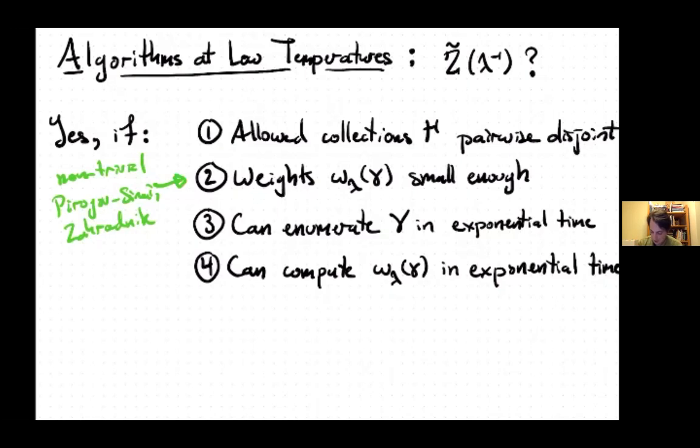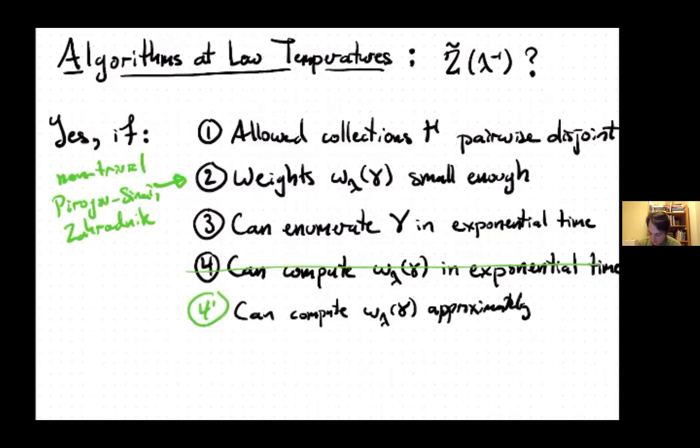So we have to replace 4 with 4 prime, which is that you can compute approximately in exponential time. What I mean by this is that if you take the cluster expansion and you can only approximately compute all the weights of the polymers, as long as that approximation is good enough, the first log n over epsilon terms still give you a good approximation scheme.